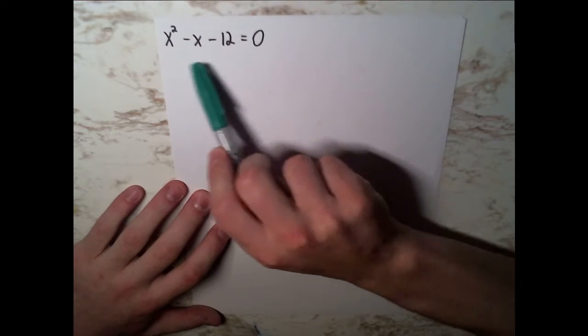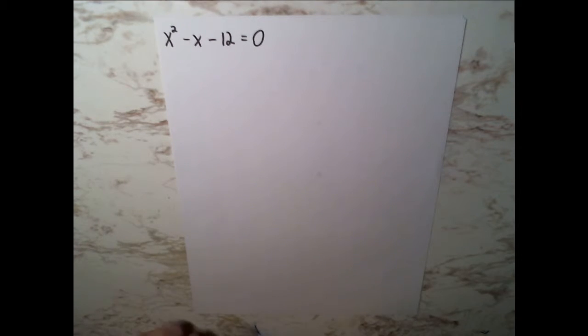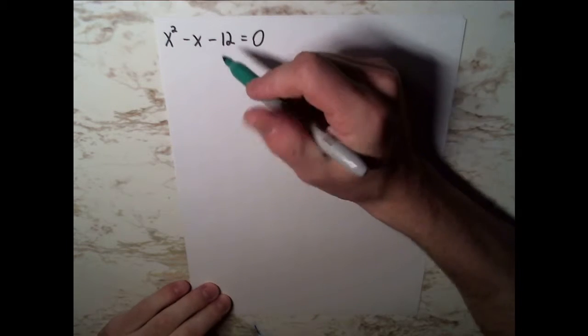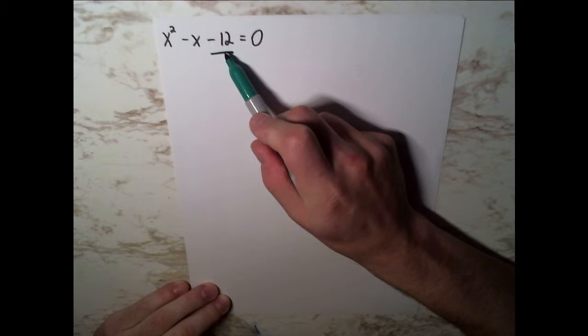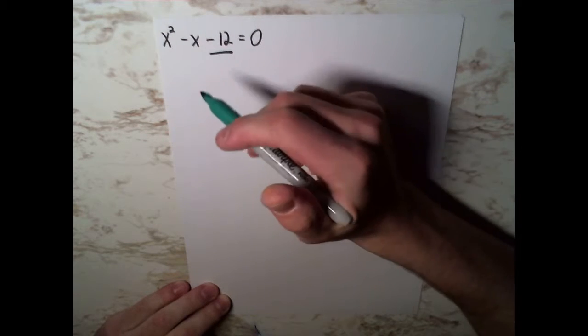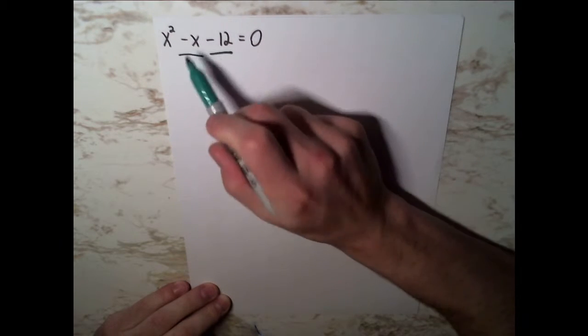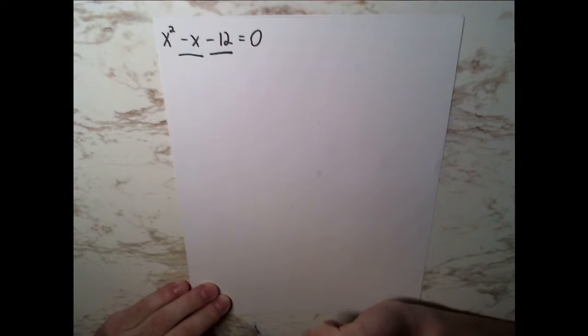Then we want to factor our quadratic. So when we're factoring, we need to find a number that's going to multiply to negative 12, and it's going to add to negative 1.